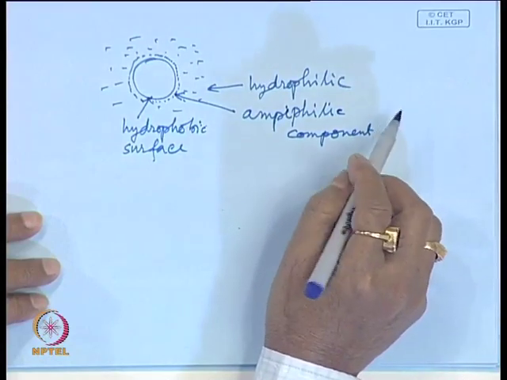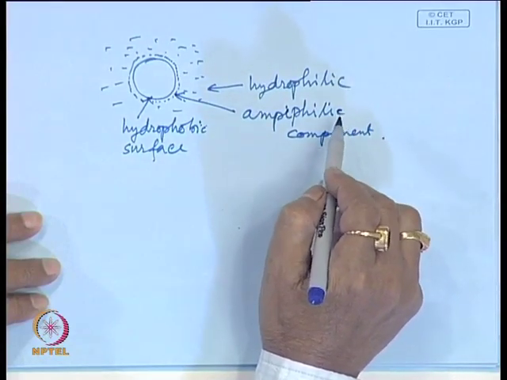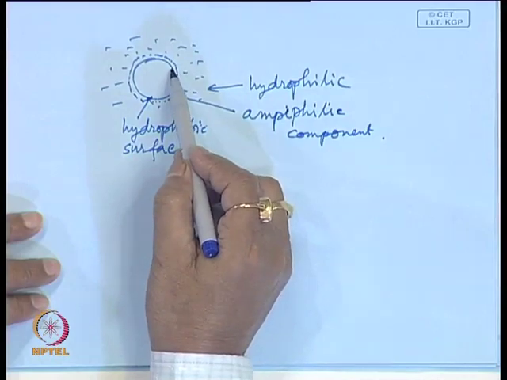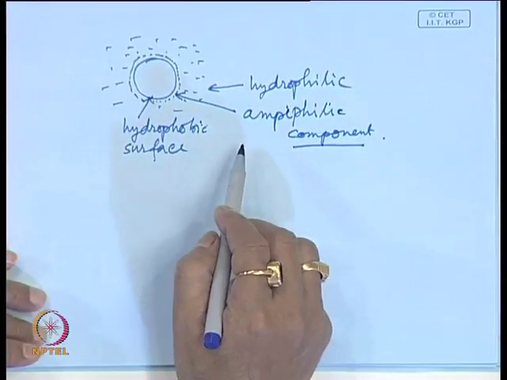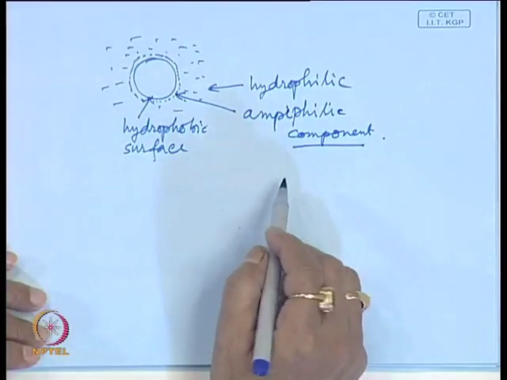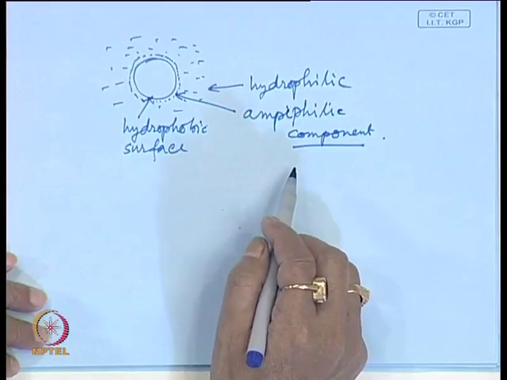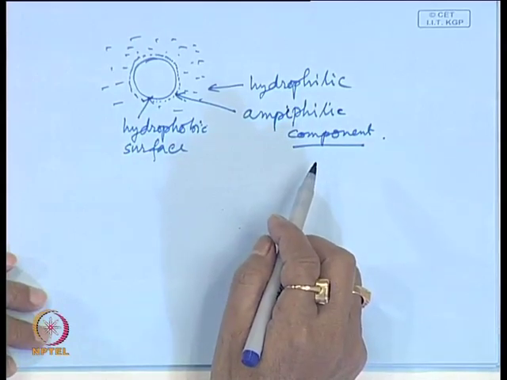What is amphiphilic? Having both hydrophilic and hydrophobic. The hydrophobic side will be oriented towards the hydrophobic surface, and the hydrophilic side of this amphiphilic component will face outward. So, these CMC, PVA, gelatin are amphiphilic components.